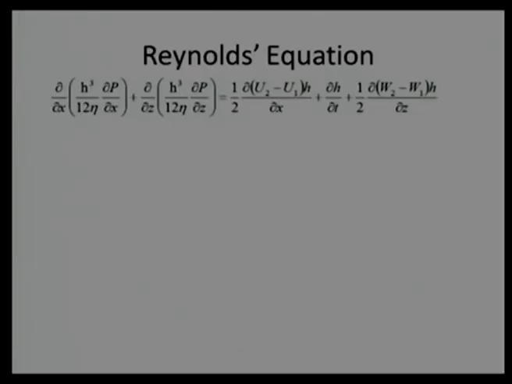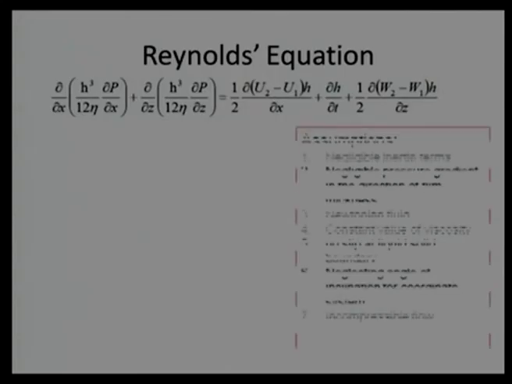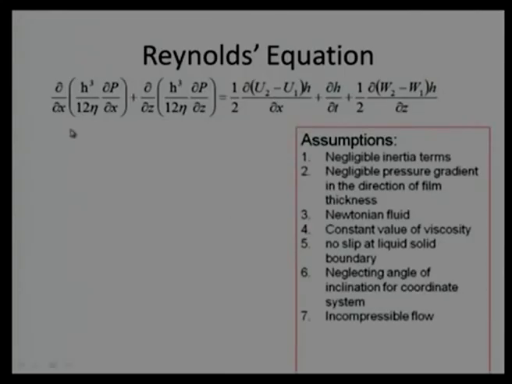Now, coming back to the Reynolds equation, we want to find out the various variations. We derive this equation with a number of assumptions. We say that the inertia term is negligible, and the pressure gradient along the y direction is zero, that means there is no variation along the y direction.